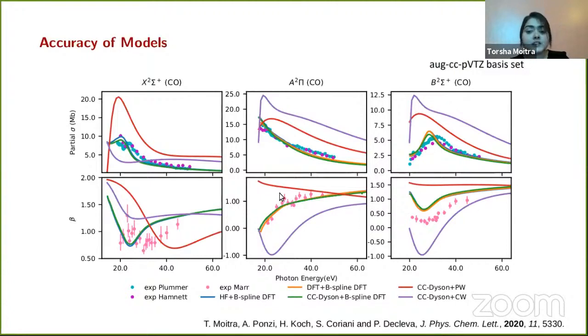The simpler analytic approaches can somewhat describe the behavior of the tail region with large vertical deviations, but it completely fails near the ionization threshold. And this ionization threshold is basically the fingerprint region and is essential. From now onwards, I won't show any further results for plane wave and Coulomb wave description of the continuum.